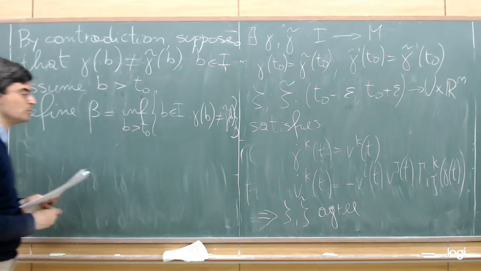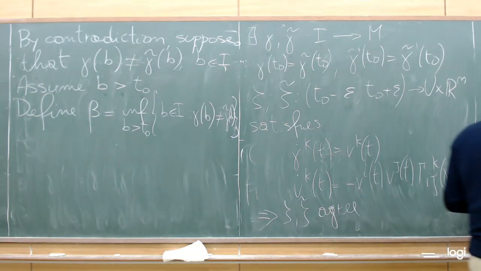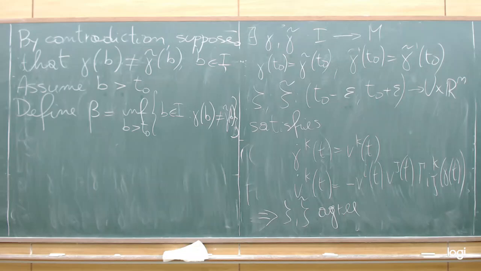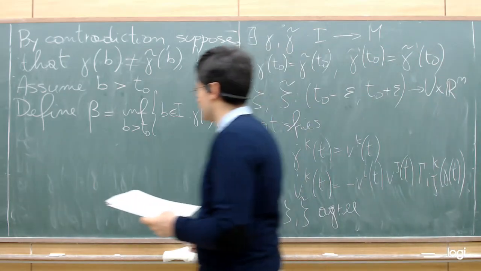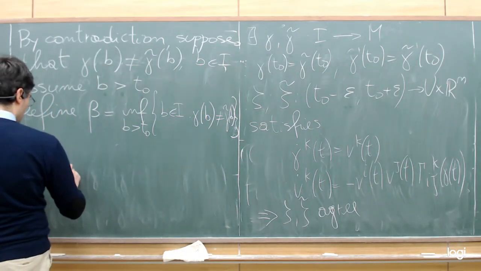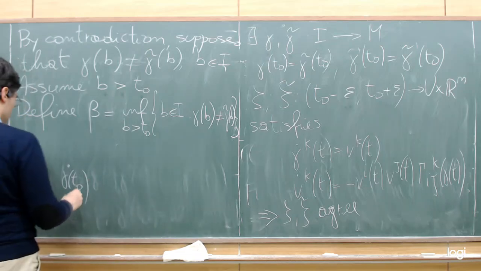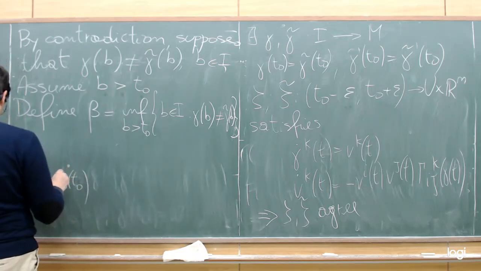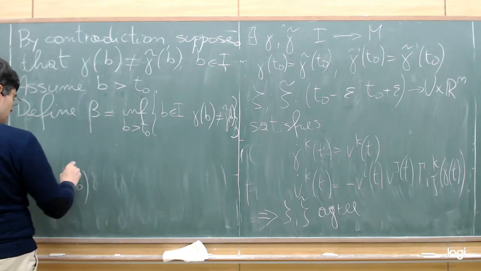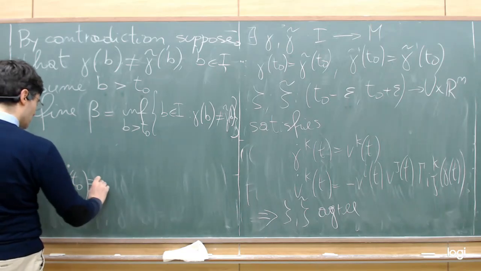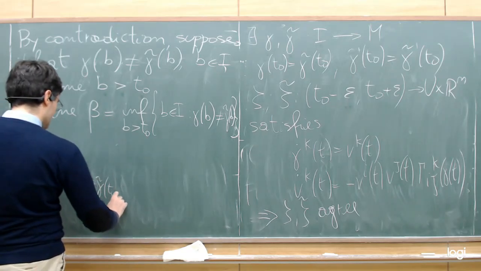So if you want to make a picture, suppose that this is gamma(t0), which is also equal to gamma tilde(t0).